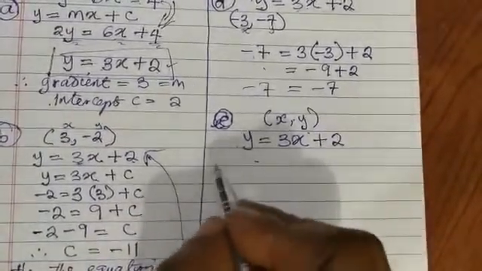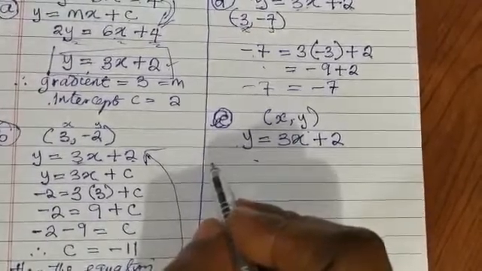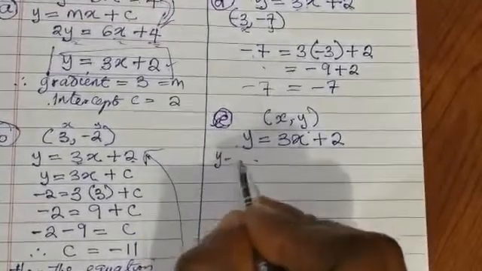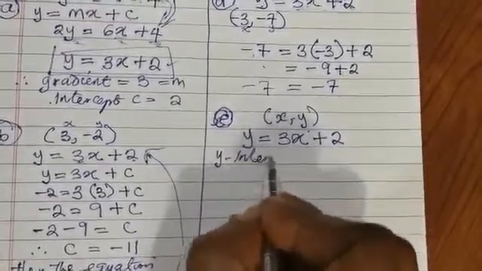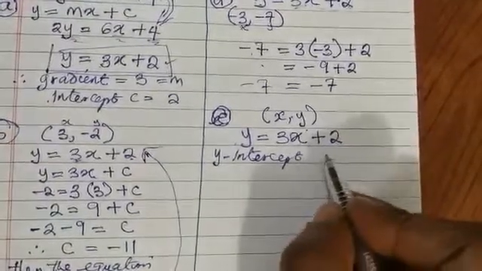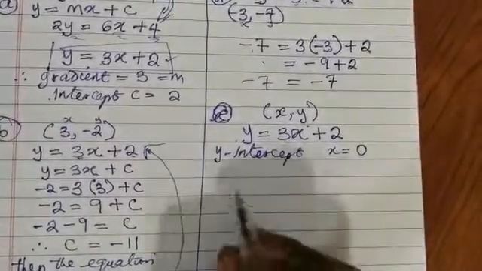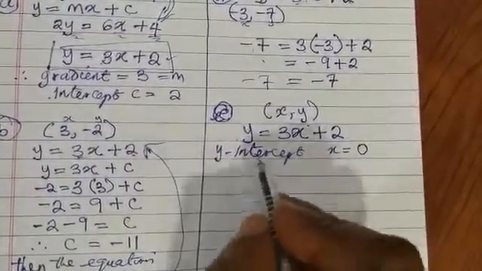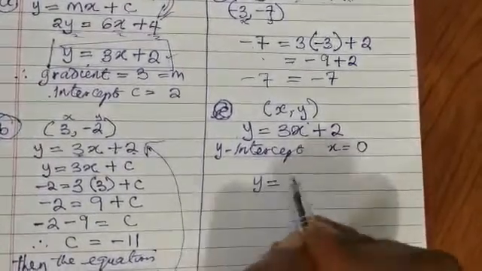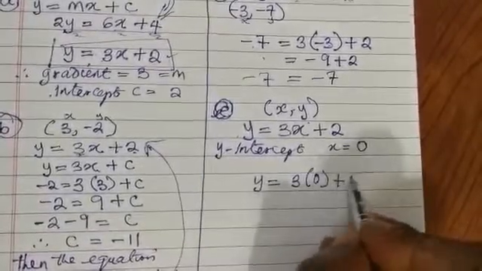Now for us to find where it crosses the y-axis, I'm talking about the y-intercept. At this y-intercept, x must be 0. So since my x is 0, we have y equals 3 times 0 plus 2.